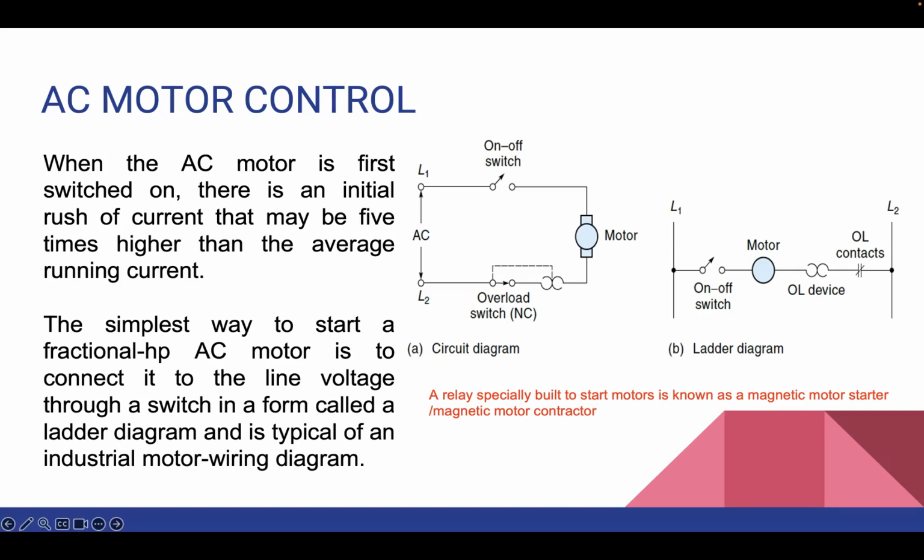Using a basic toggle switch for a motor can pose a safety risk. For instance, if a motor overheats and the overload protection shuts it down, someone may assume it's safe to investigate.